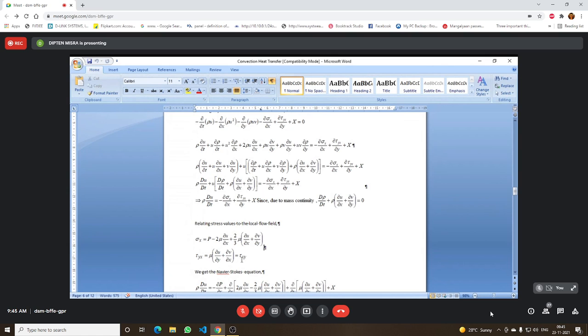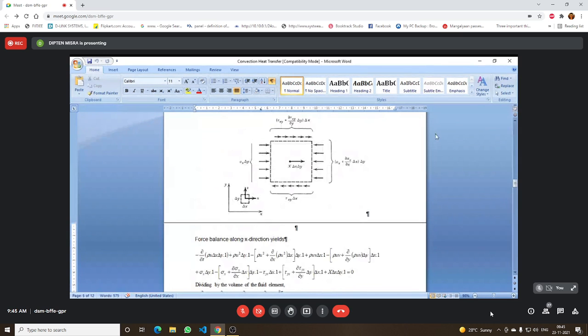Yes, now any force is acting on a surface and in a particular direction. Now if you see, this stress is because of the action of a force acting on a surface and acting in a particular direction. You see, this stress and this stress, they are both acting along the x direction.